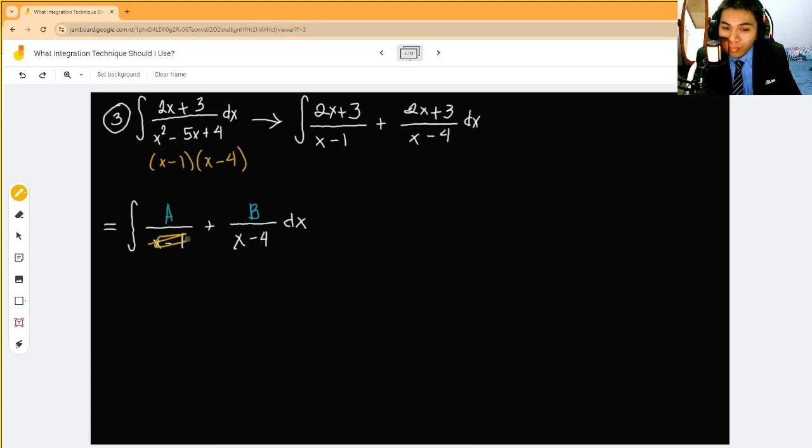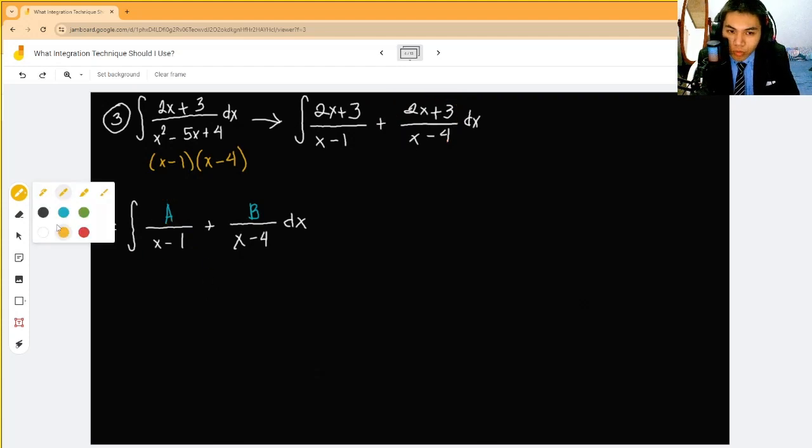Now, since we covered that up, we can substitute these values over here, and we're going to use this part of the equation right here to solve for A. That's a simple way of explaining the cover up method for partial fractions, since we will be using this a lot in later topics.